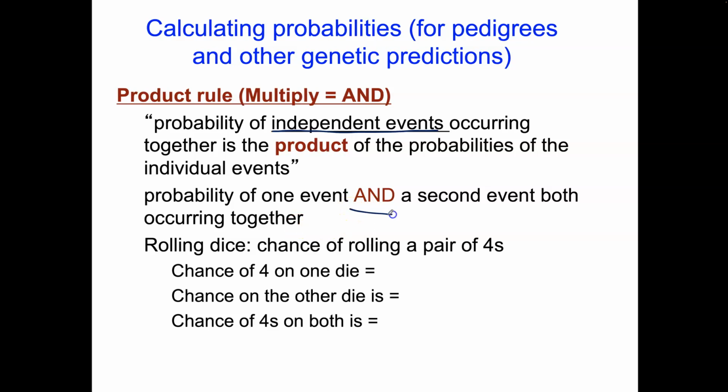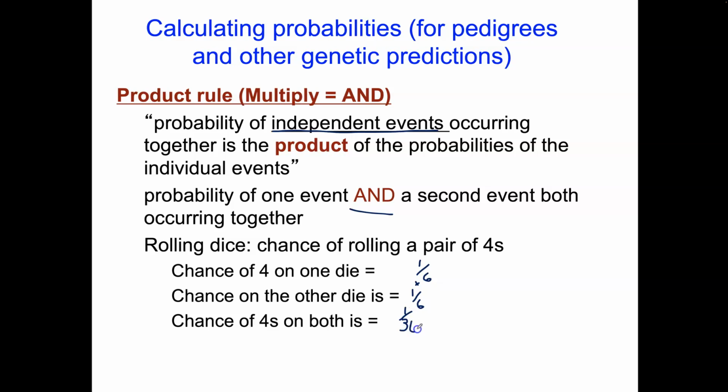And then whenever we see "and," what is the chance of this and this happening, then we multiply, right? So I'm going to go through this one. If you roll one die and it comes up a 4, there's a 1 chance out of 6 that that's going to happen, right? On the second one, there's a 1 in 6 chance of that happening. And so we're going to multiply those, and we're going to get 1 in 36.